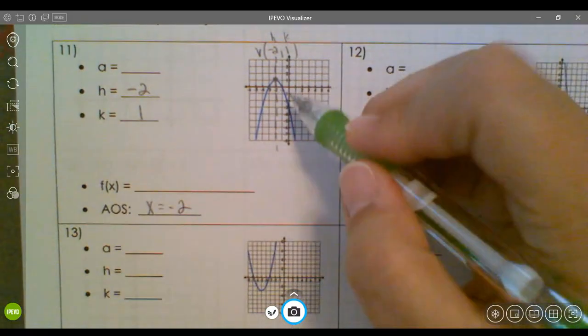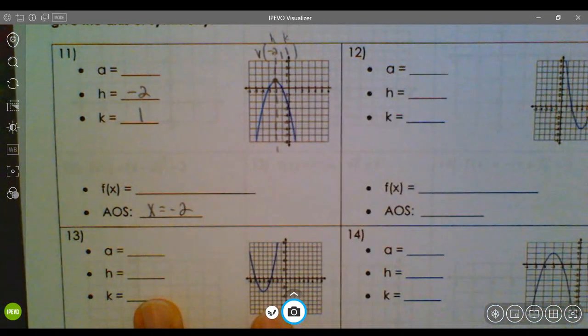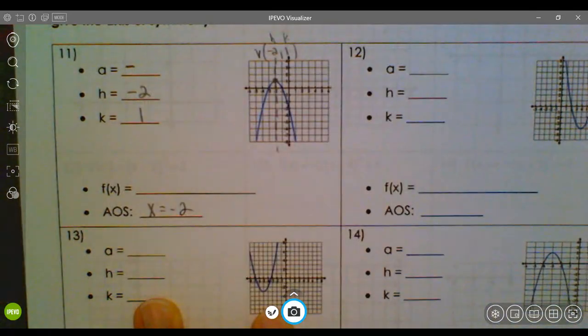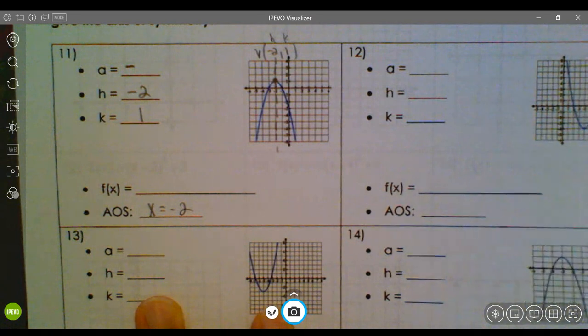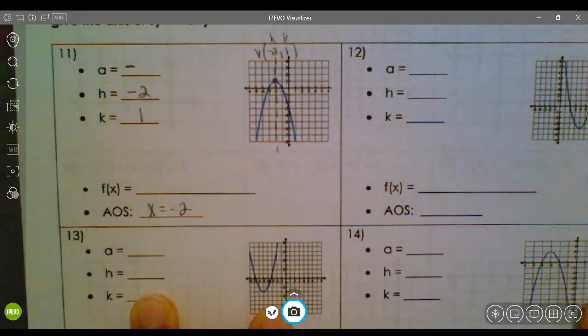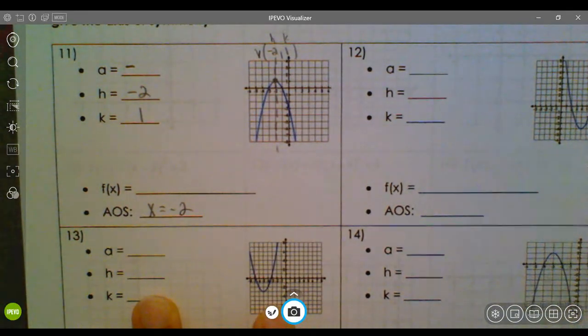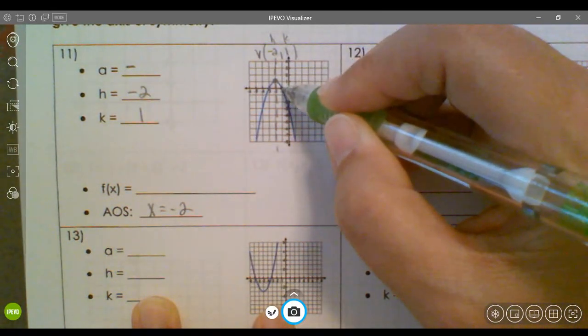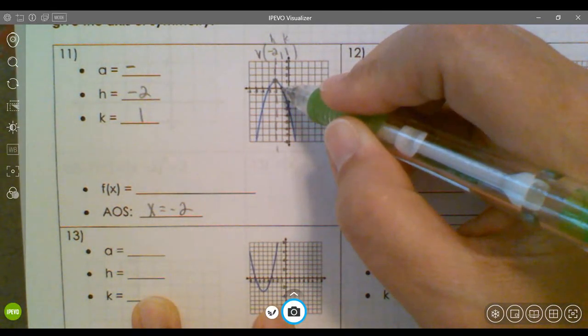So do I notice that pattern here? Well, the first thing I notice is that a is negative because it's an upside down parabola, okay? But let's see what happens. When I go 1 right, do I go 1 vertically? Yeah, maybe I should use vertical and horizontal.